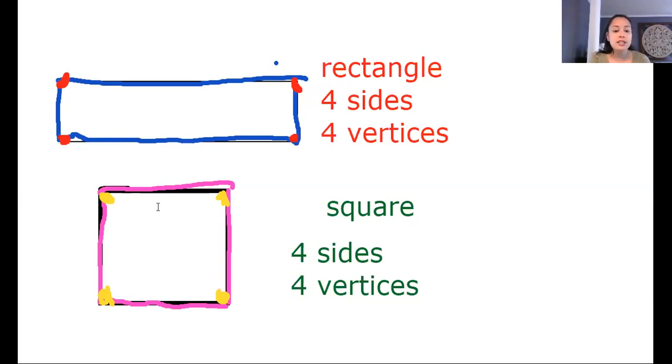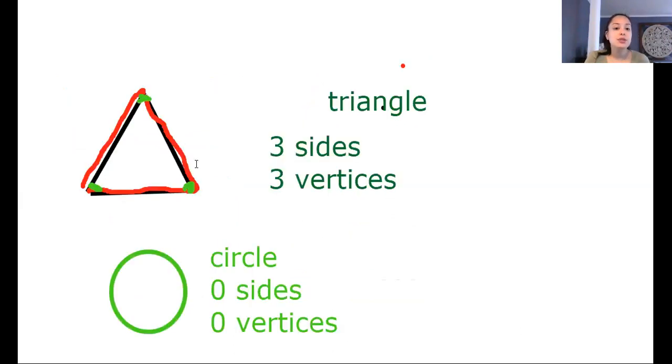A square has 4 sides and 4 vertices, and all the lengths are the same, or all the sides are the same lengths. Then you have a triangle. It has 3 sides and 3 vertices, and then a circle has 0 sides and 0 vertices. And there's your shapes.